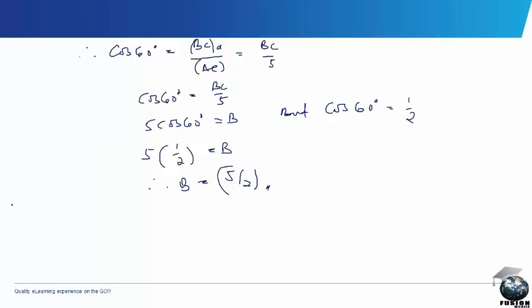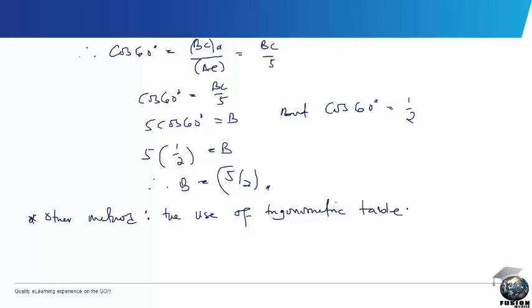But some other methods you can use to find trigonometric ratios are the use of your table of trigonometric ratios, the use of trigonometric tables. Alright, these two can help you find trigonometric ratios.